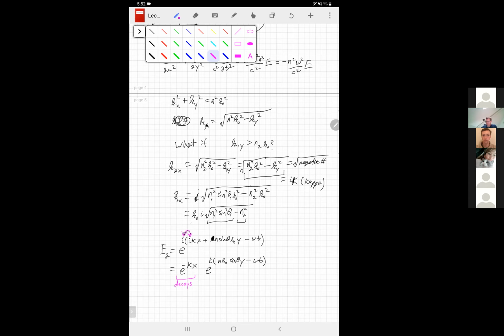Yeah, I was able to understand that part. I'm trying to see what substitution you made when you went from i kappa to rewriting k sub 2x differently with the radical.